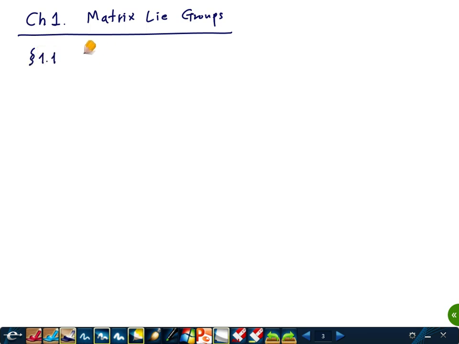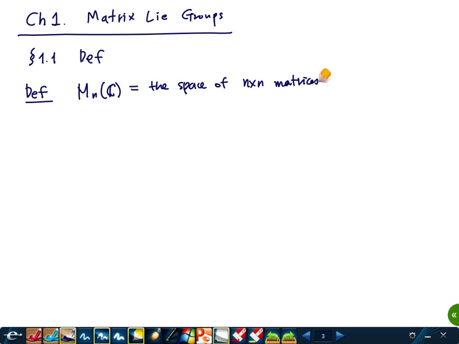The first section, definitions. The notations that we learn today will be used throughout this semester, so you want to get familiar with them. M sub n C is the space of n by n matrices with complex entries.